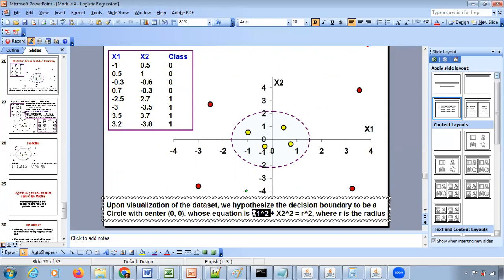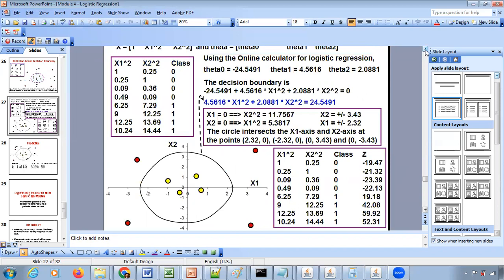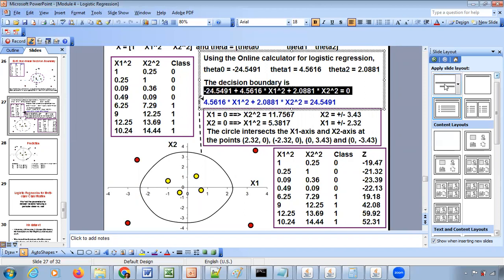So x1 square, we treat it as one feature. So it's one feature value plus another feature value equals some constant. That's like a linear equation. So we fit x1 square plus x2 square as a linear equation. We found the decision boundary like this with logistic regression, and we're able to solve this problem.